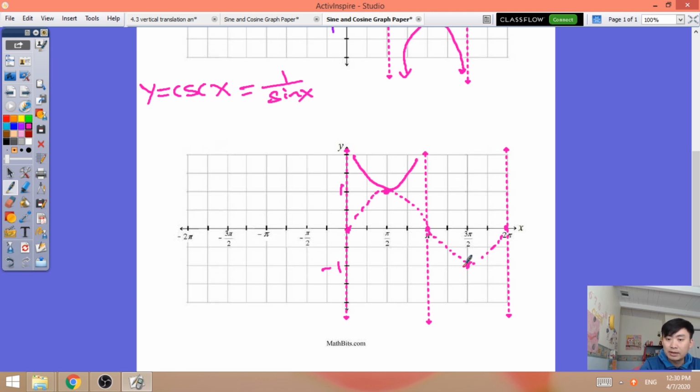And down here, same thing. And this one's supposed to be a little bit wider on the other side. Okay, so this one would be the parent graph of cosecant.